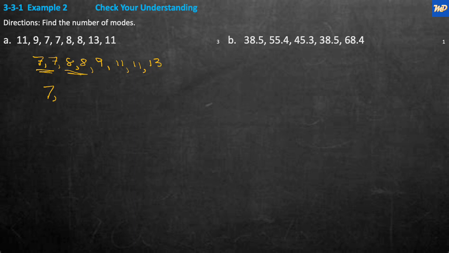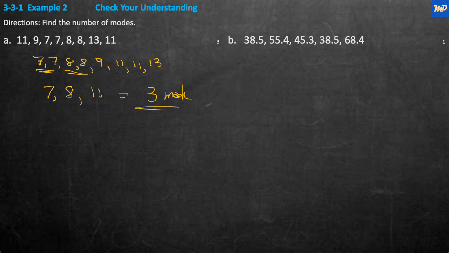The 8s occur twice. The 7s occur twice. The 8s are a mode. Not the 9. The 11s are a mode. And not the 13. There are 3 mode values. 3 modes. Okay? Does that make sense? Hopefully it does. Let's do B.